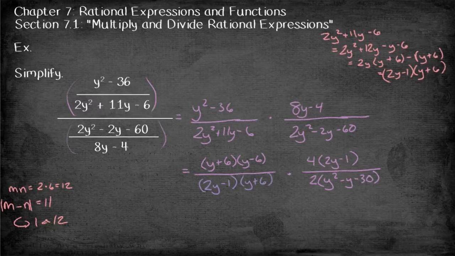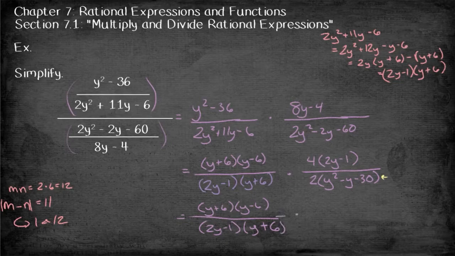Now let's see if we can cancel anything. Now some people don't like that word, cancel. But it's kind of a colloquial thing, so I guess the proper thing to say is dividing to 1. I have a 2y minus 1 there. Oh, but before I do that, I need to factor that last bit. But actually, while I'm at it, this is going to reduce.